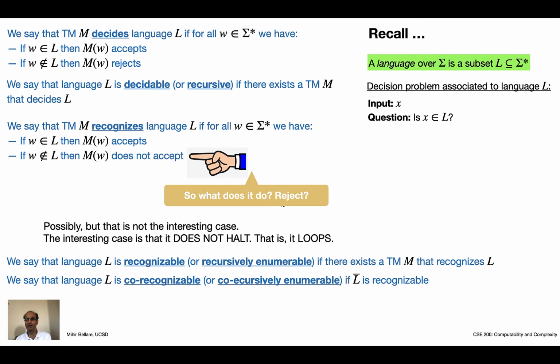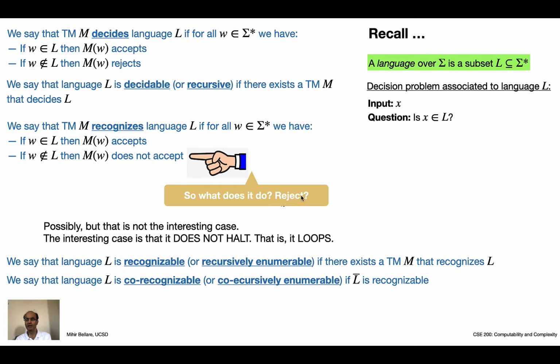So more precisely, we fix this language L. Now I'm handed a Turing machine M, and I'm going to say it decides L if for any input w that you give the machine, the result of the machine tells you whether w is in L or not. If w is in L, the machine accepts. And if w is not in L, then it rejects.